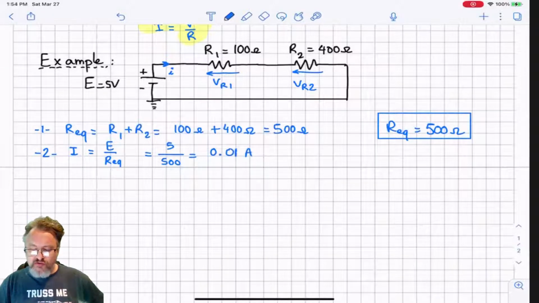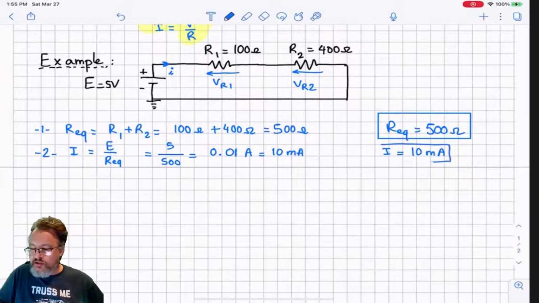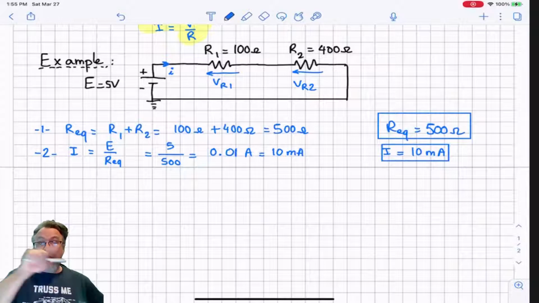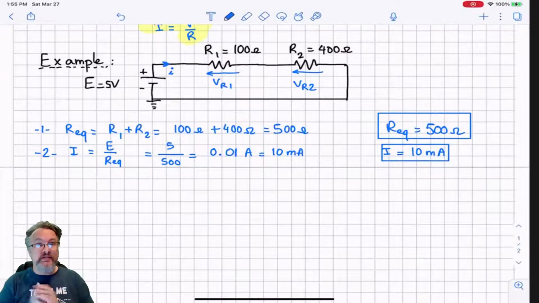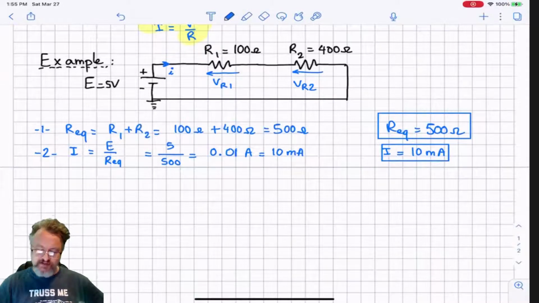It's a little weird to write 0.01 amp. I prefer to write 10 milliamp. Okay, so the current leaving the battery is 10 milliamps, and this current is the current that's going to go through the first resistor and the second resistor. Remember, in a series circuit, the current is the same everywhere.